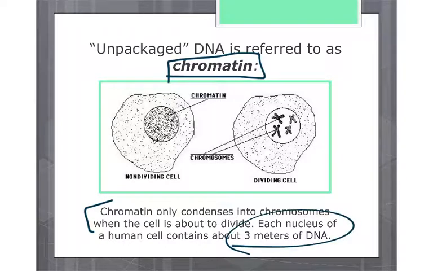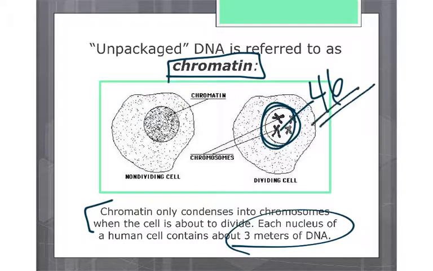The other thing we need to look at is the number of chromosomes in a non-sex cell. So I'm not talking about eggs, I'm not talking about sperm, but what I'm talking about are your everyday skin, hair, and nail cells, which all have 46 chromosomes.